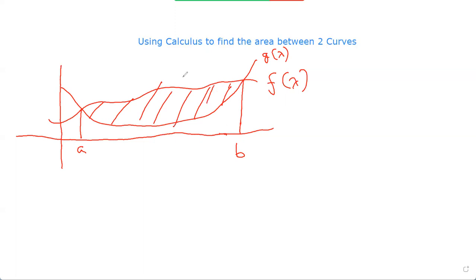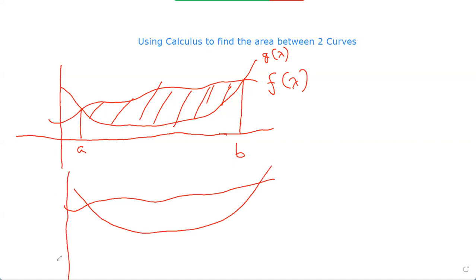So what we do is we know that integral is the area of the curve, right? Integration is the area between the curve and the x-axis. I'll draw it again so that it's easy for us to visualize. We have f of x like this and g of x is something like this, and then we have our two points A and B, and we have to find this area.